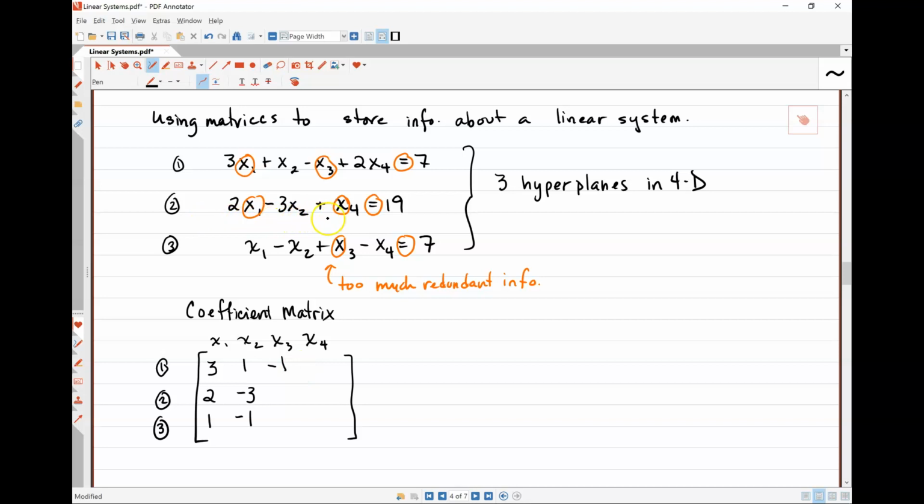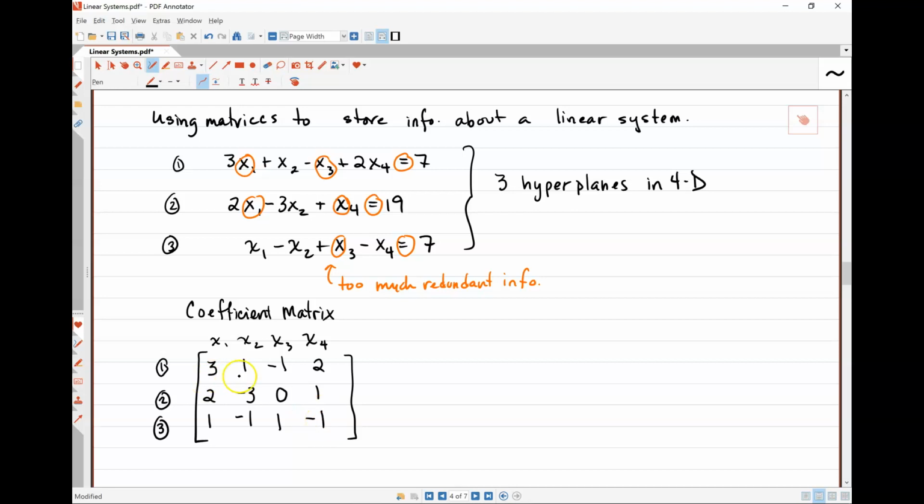There is no x3 variable showing up here, so you can put in a 0 for that, because 0 times x3 makes x3 disappear. And then x3 does appear in equation 3, so it's got coefficient 1. Finally, x4 shows up in all of them, so we'll have 2, 1, and minus 1. And that's the coefficient matrix for this system of linear equations.